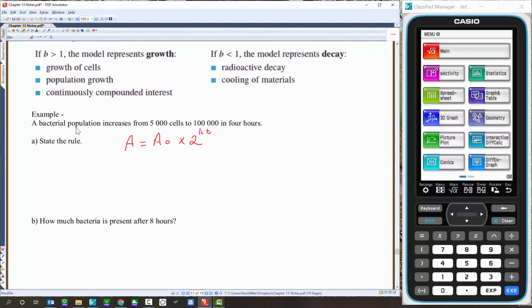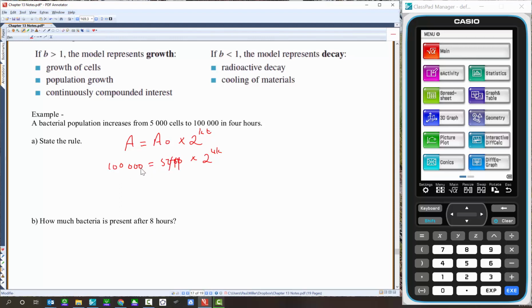A bacterial population increases from 5,000 to 100,000 in 4 hours. So I'm going to sub that in. We've got 100,000 equals 5,000 multiplied by 2 to the, and it's 4 hours, so t is equal to that. So I've got 2 to the 4k. Now what I want to do is solve for k, get the k value. So that's going to be dividing by 5,000, 100,000 over 5,000.